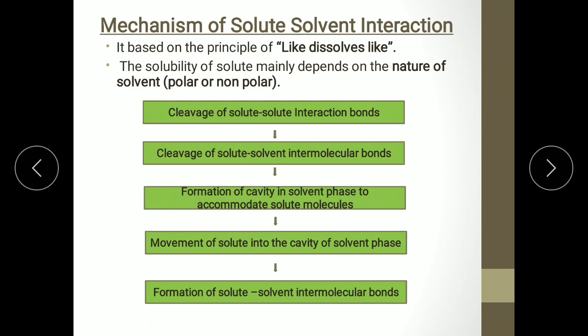After solute transfers to the cavity of solvent phase, there will be a formation of solute-solvent intermolecular bond that leads to the solubility of solute.